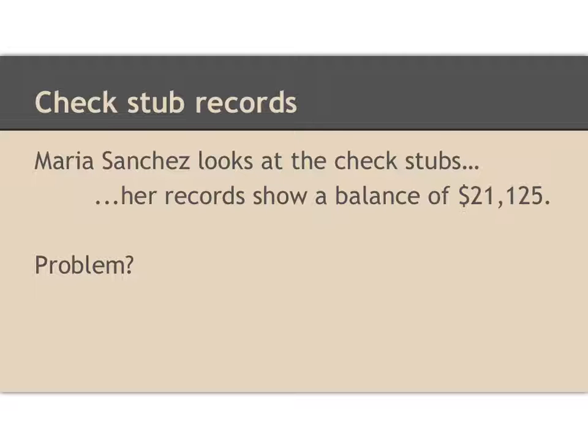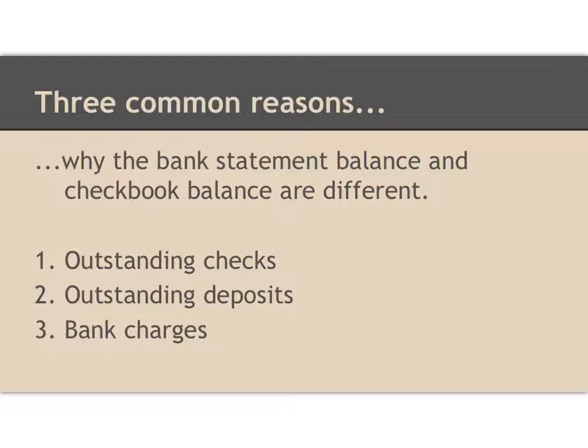Well, even if the bank thought that she had less money than she believes that she has, it isn't necessarily a problem. There are three common reasons why the bank statement balance and the checkbook balance might be different. The existence of what are called outstanding checks or outstanding deposits, as well as the bank charges.